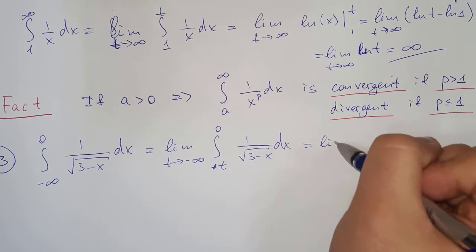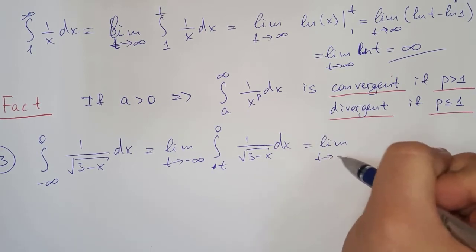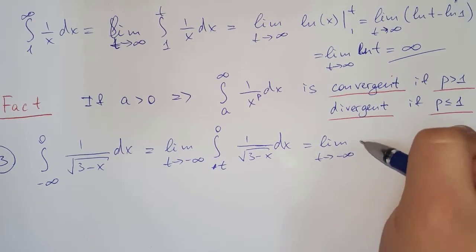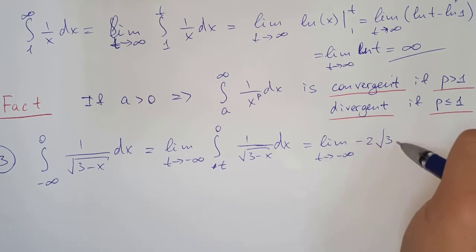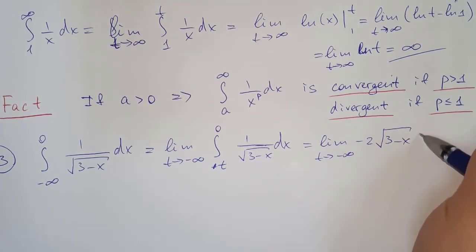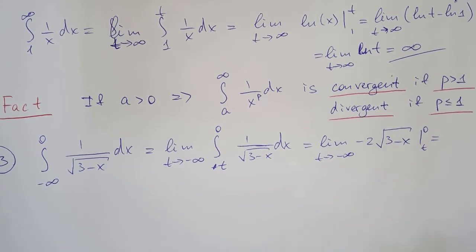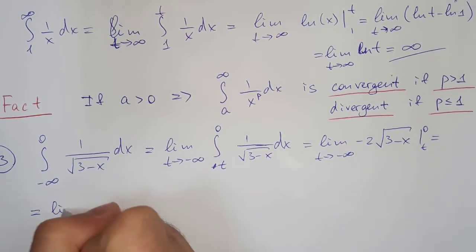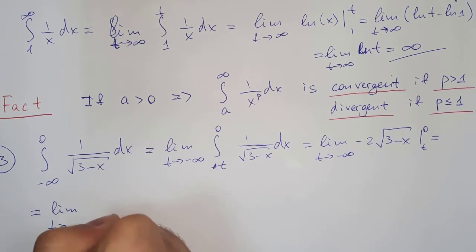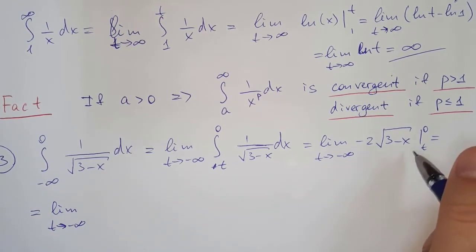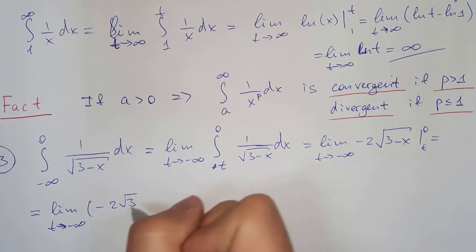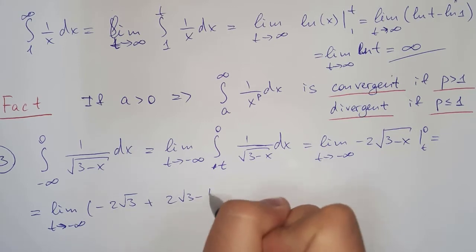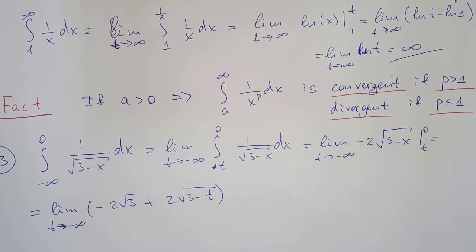So limit as t tends to minus infinity of minus 2 square root of 3 minus x from t to 0. If we continue, when we put 0, we have minus 2 square root of 3. When we put t, we'll get plus 2 square root of 3 minus t. So it will be plus in the middle now.